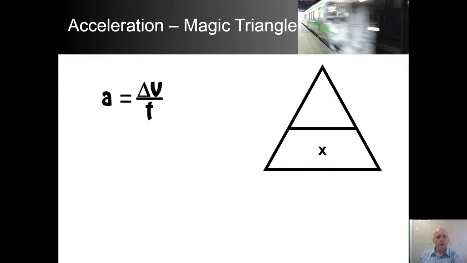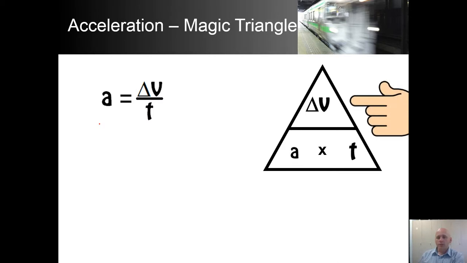Magic triangle. We did a magic triangle for speed. You can also do a magic triangle for acceleration. Any equation that has 3 variables can be put into this triangle. Because delta v is over delta t, the same thing has to happen in your triangle. That leaves this bottom corner with acceleration a.